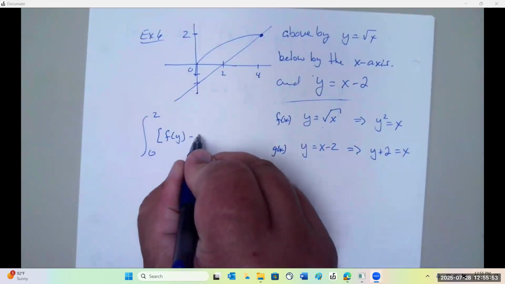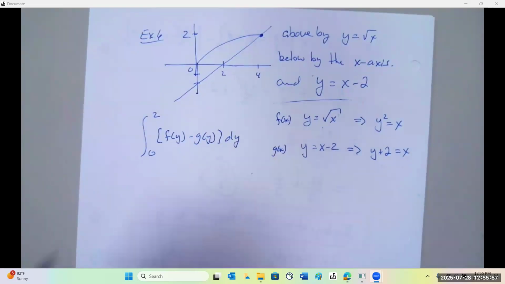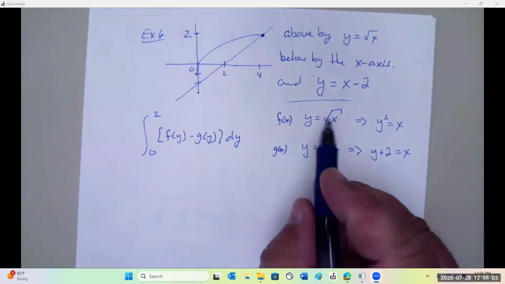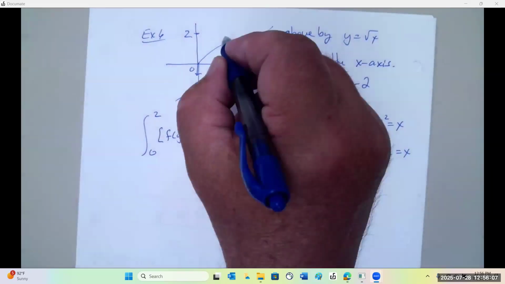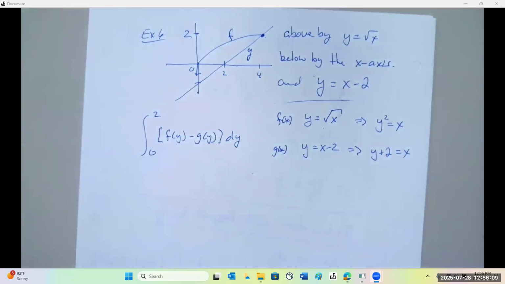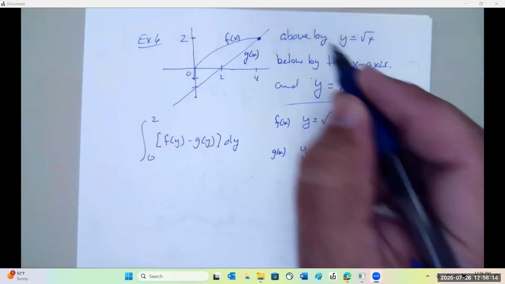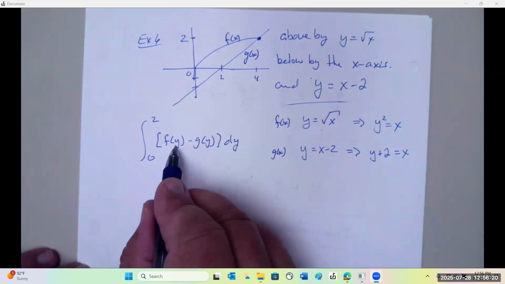So now we have f of y minus g of y. This is the original. Remember, what happens now? This is f of x, this is g of x. How is it going to change? What's f of y now?